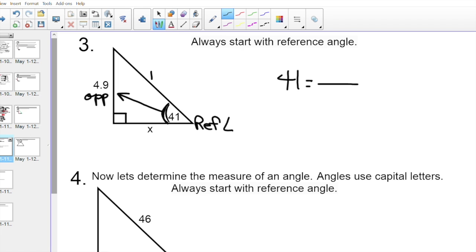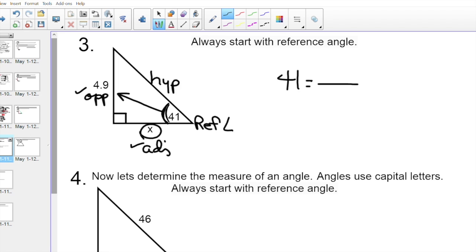Now, this side is the hypotenuse. We don't know that, nor are we trying to find it. What we're trying to find is this third side, and it is going to be called the adjacent. So we're trying to find the measure of the adjacent side, and we're given the length of the opposite.